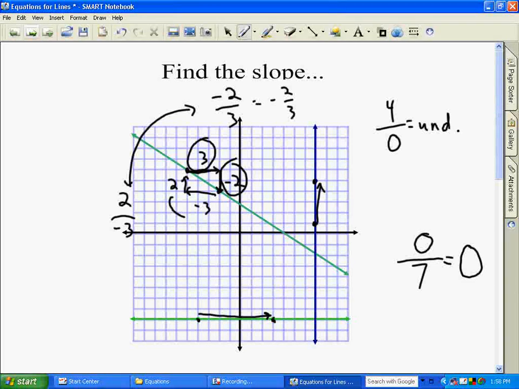There's no rise. It doesn't go up at all. It just goes over. 0 divided by 7 is just 0. So horizontal line, slope of 0. Vertical line, undefined slope. And this line is sloping downward. It's a slope of negative 2/3. Sloping downward.